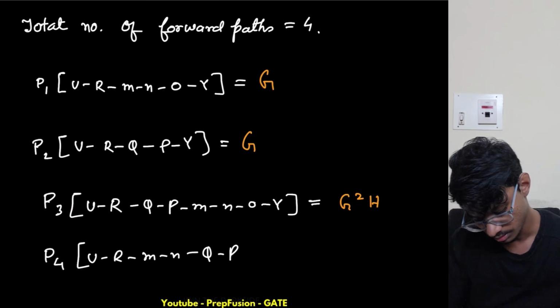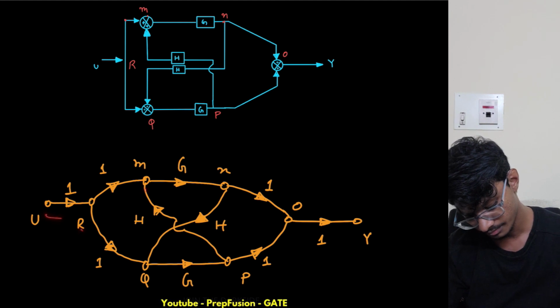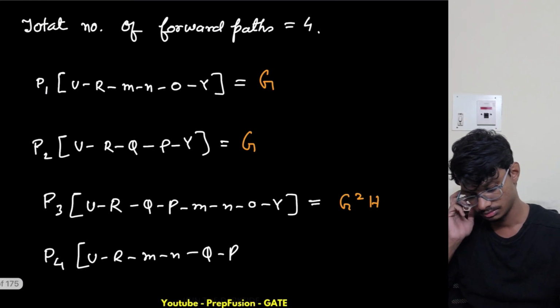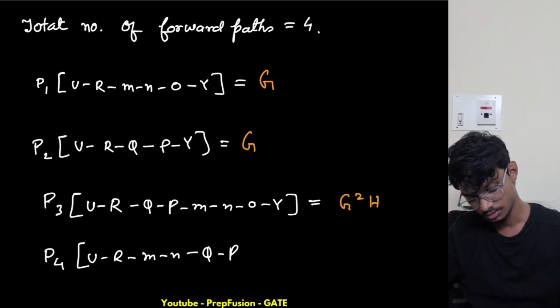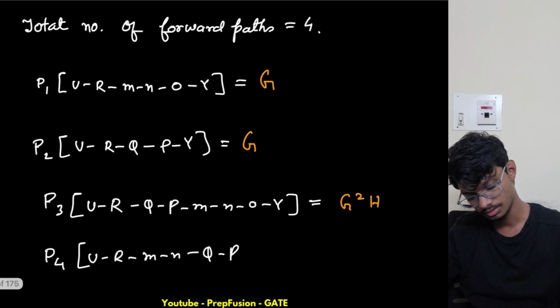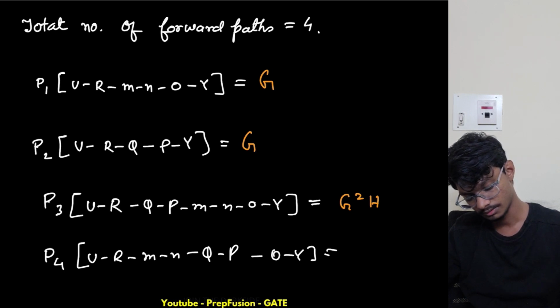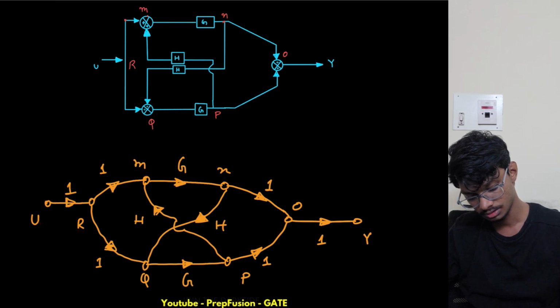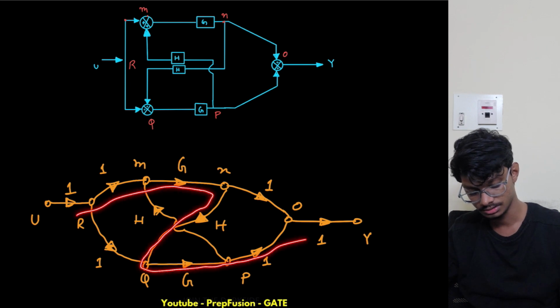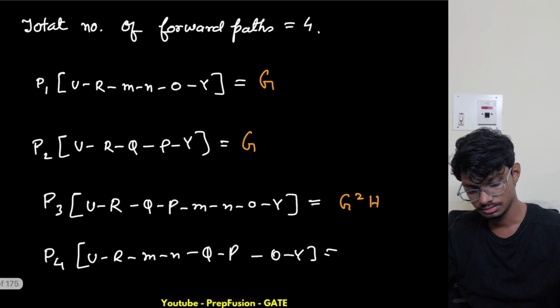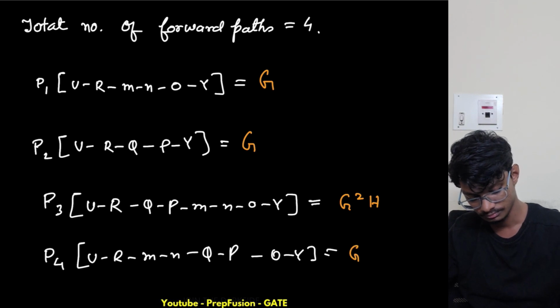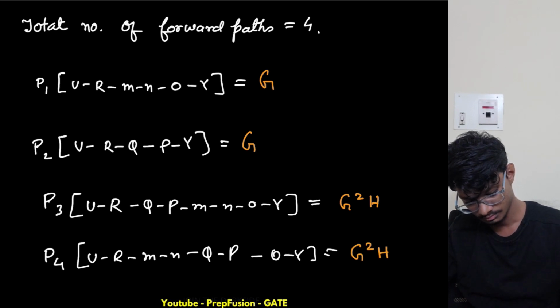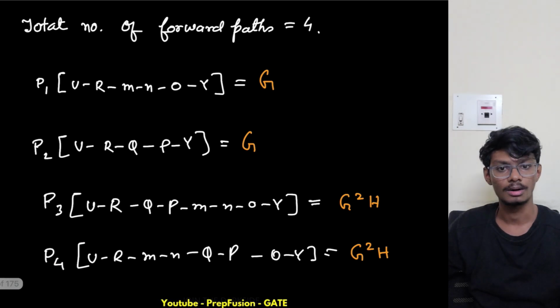Yes: U R M N Q P O Y. What is the gain? G H G again, so G square H again. This is P4.